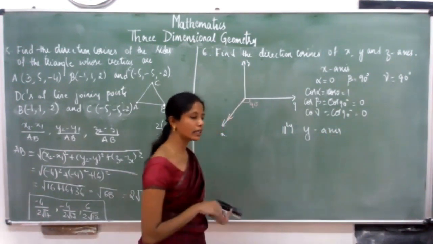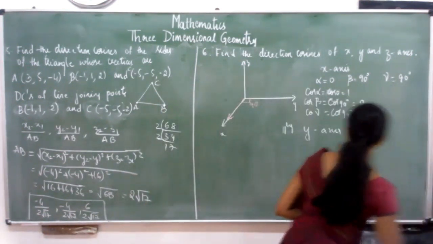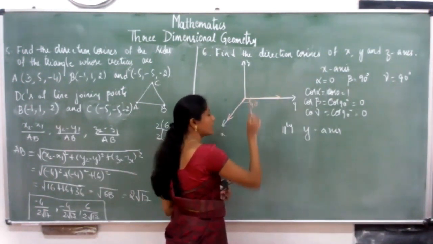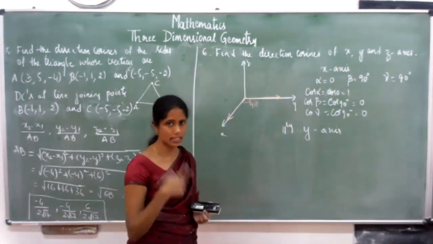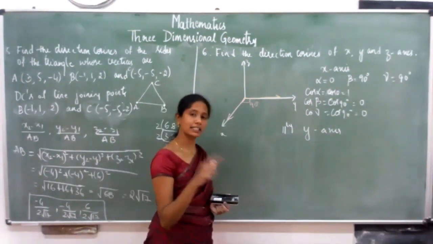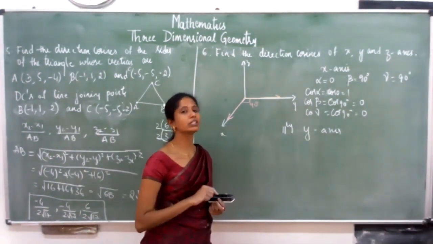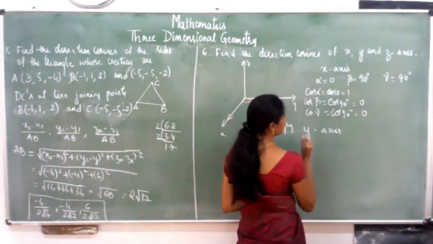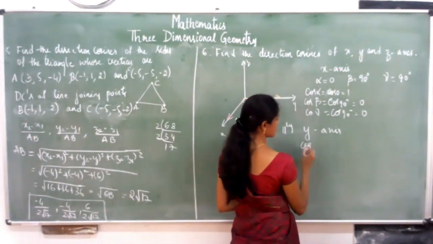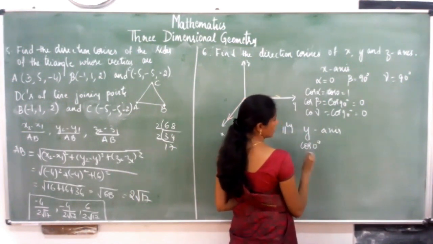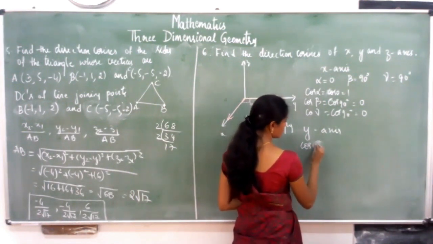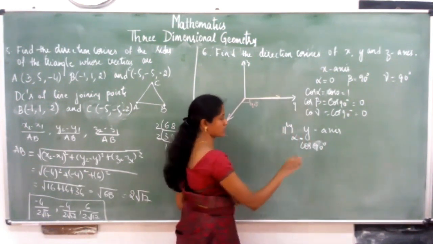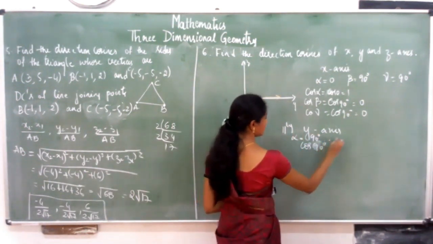Means now what we are doing? We are considering a line on y-axis. Now what is the angle made by this line with the y-axis? It is 0. Then with the x-axis it is 90 degree. And similarly with the z-axis it is 90 degree again. Therefore, here the direction cosines will be cos of 90 degrees, that is with the x-axis. Alpha is with respect to x-axis. Therefore, alpha is 90 degree.